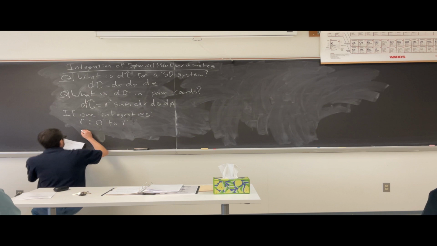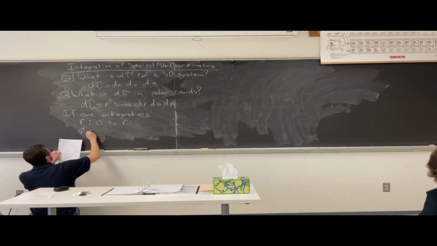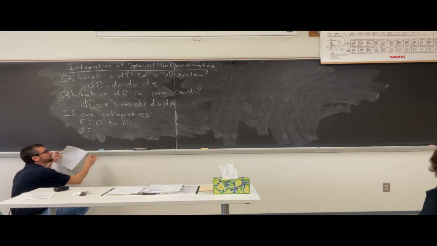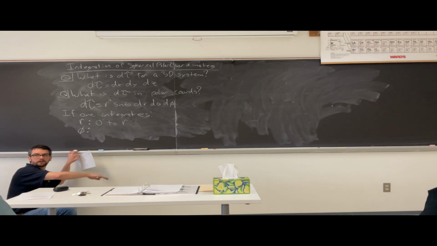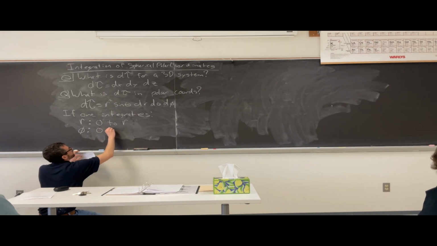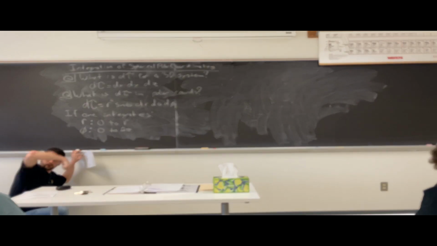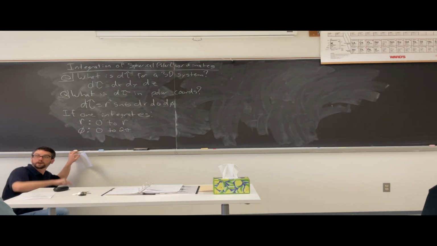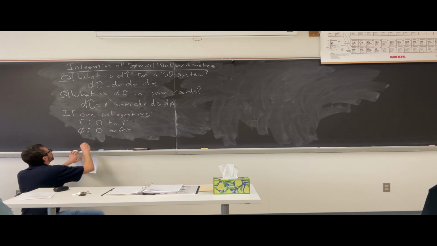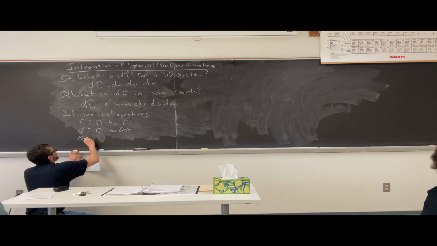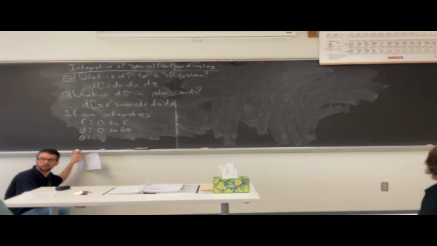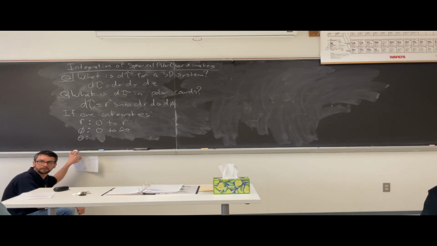Okay, phi. Yep. So that completes a circle kind of along the equator of the sphere. Theta. What are we going to go to there? Not the exact same thing.